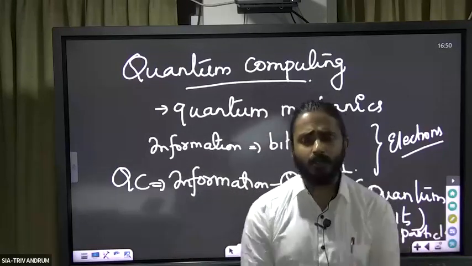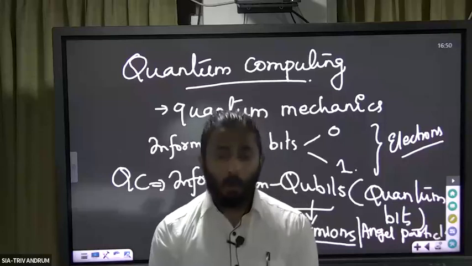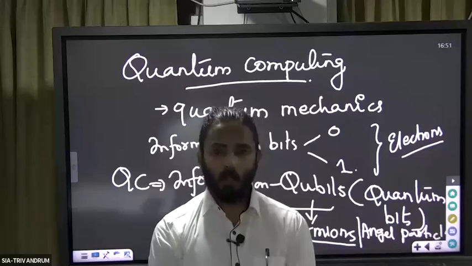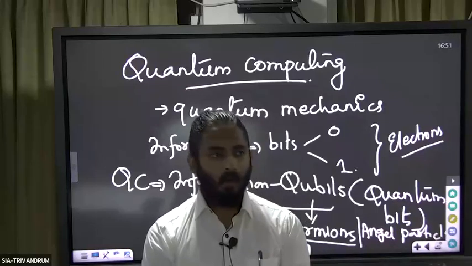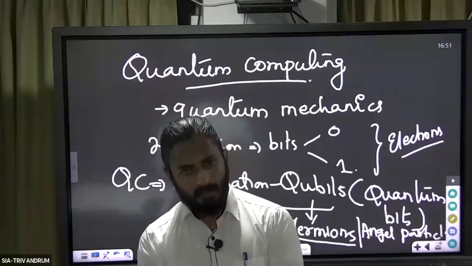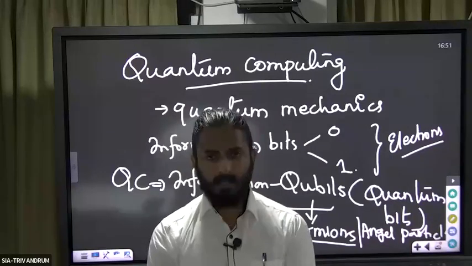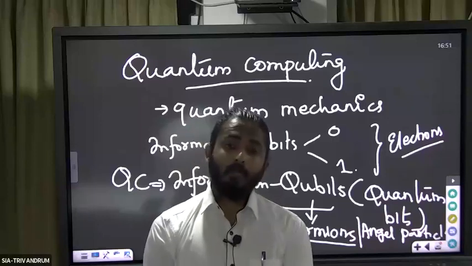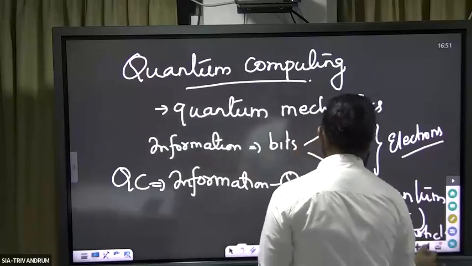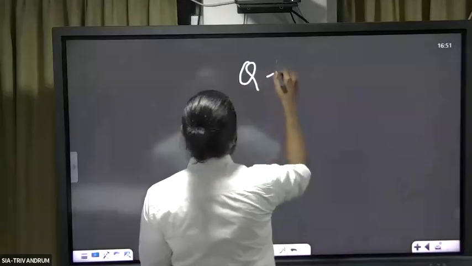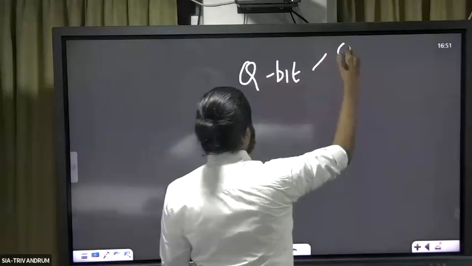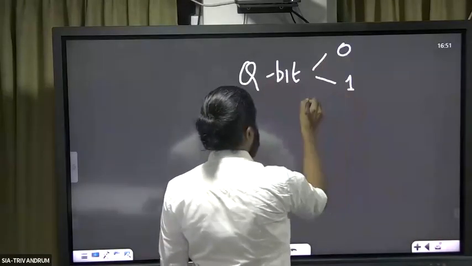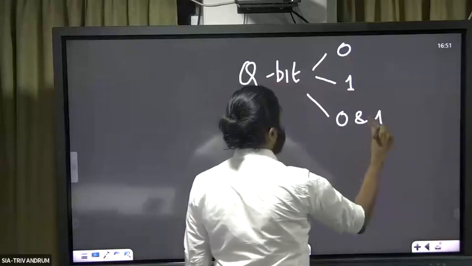These fermions represent qubits. One property of a qubit is that it can hold the value of either 0 or 1, just like our bits. Also, it can be simultaneously 0 and 1. So a qubit can be either 0 or 1, or it can be 0 and 1 simultaneously.